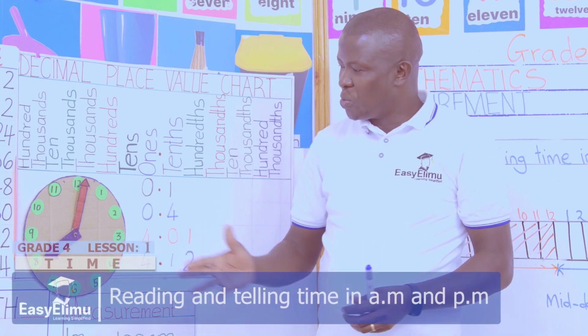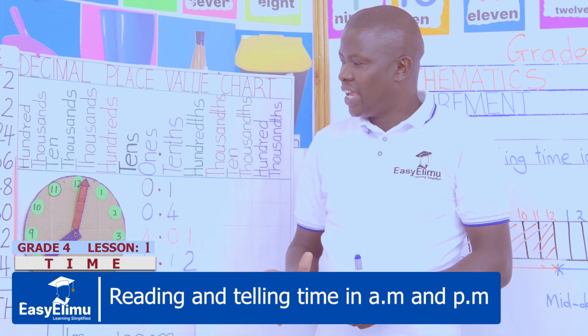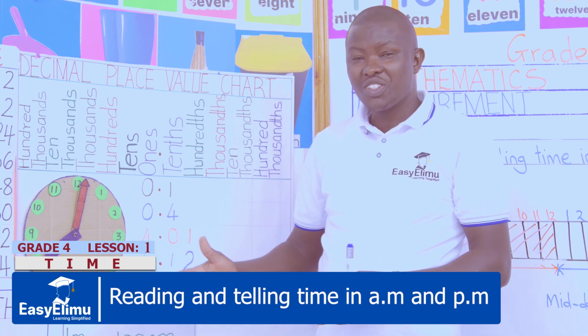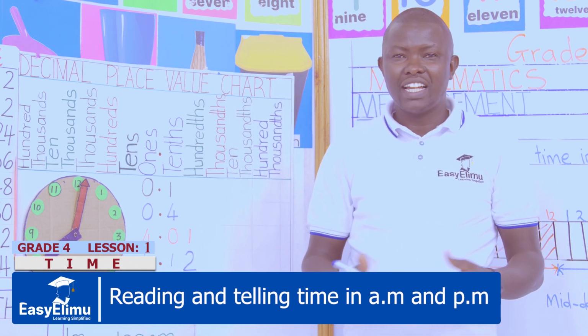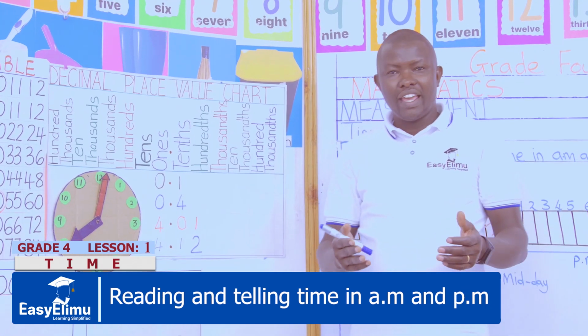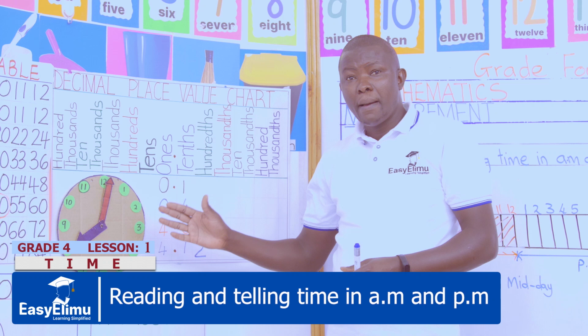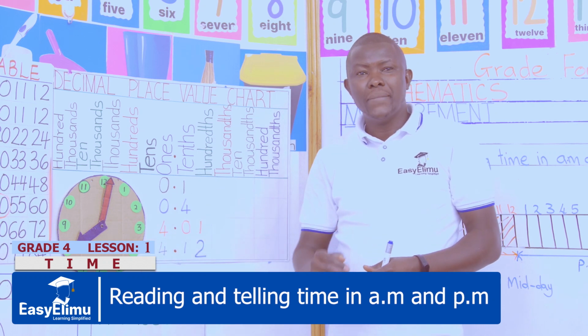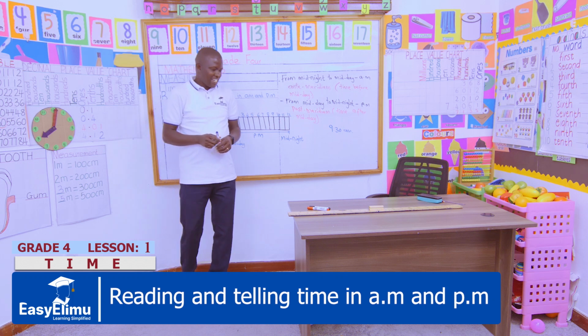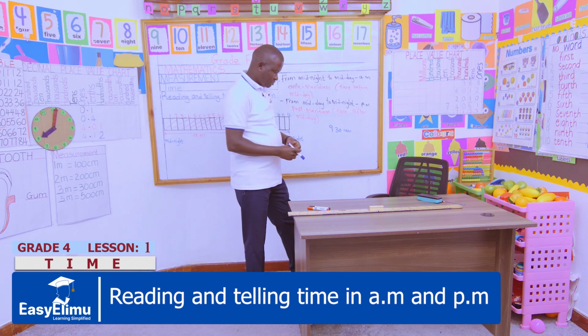Now, John, is this time 8:00 AM or PM? Because we are going to assembly. It is 8:00 AM because it is before midday. So this is 8 AM. That is very correct.